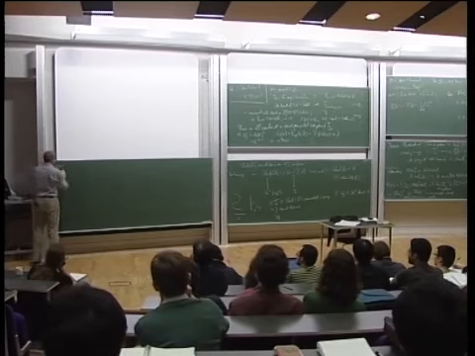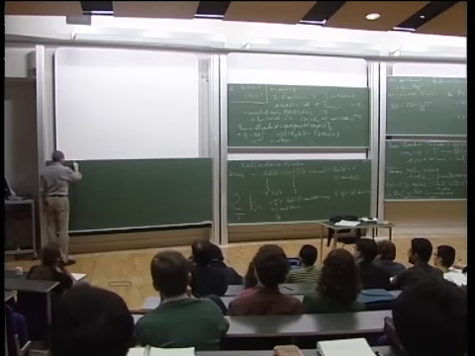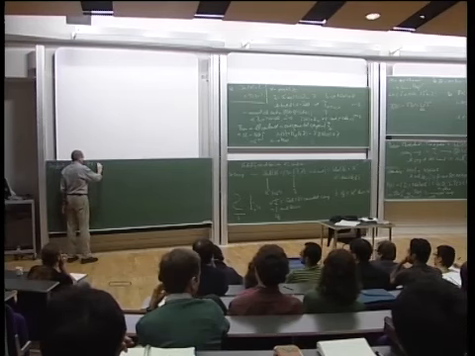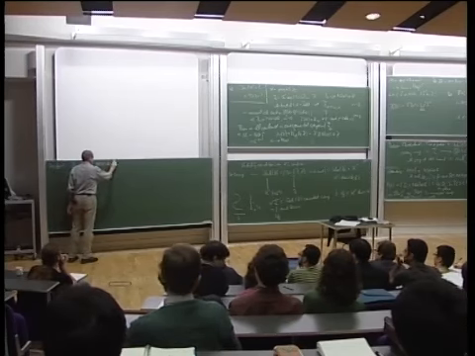Okay. So now instead, I look at something that is more familiar, namely I look at a period domain D inside the projective space associated to this complex vector space of dimension rho plus 2.